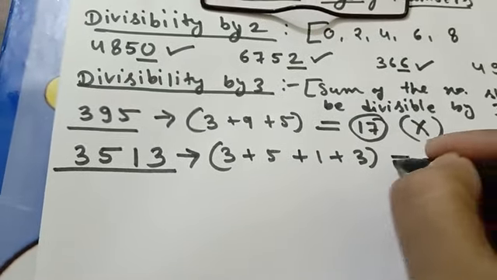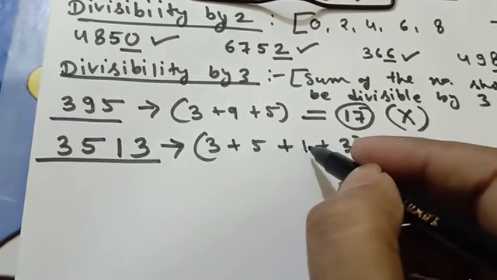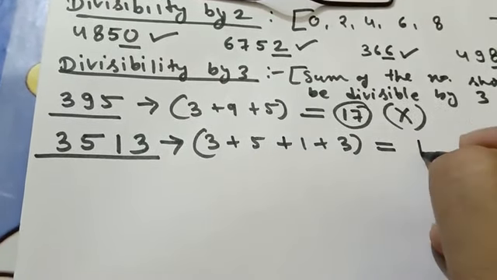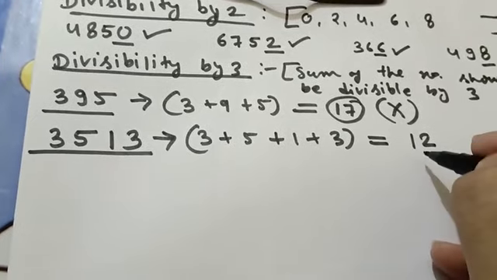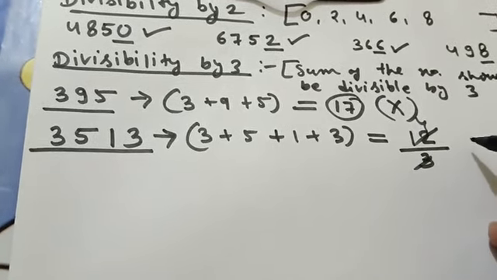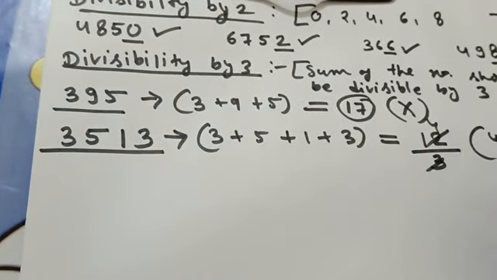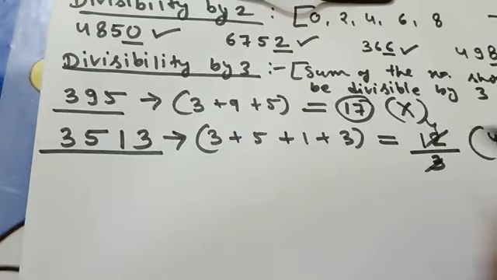After adding: 5, 3, 8, 1, 9, 3, 12. So 12 is divisible by 3. So we can say that this whole number is divisible by 3.